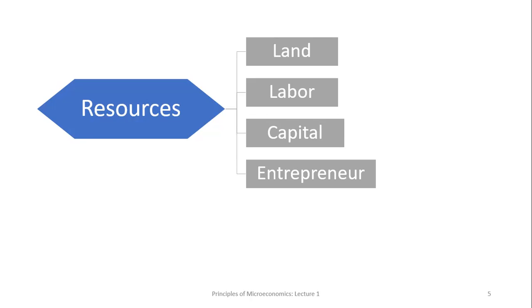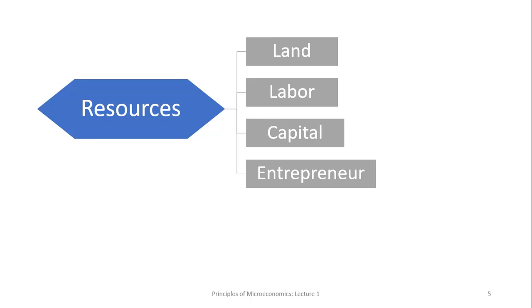Students, we define capital in economics in a different way than we define it in accounting or in business studies. In economics, capital is machinery or tools or any man-made thing that helps in producing a commodity.